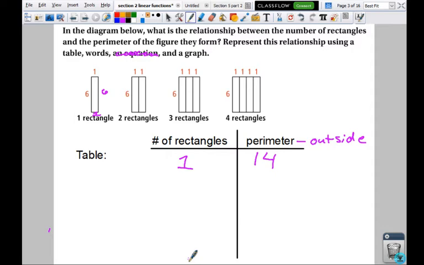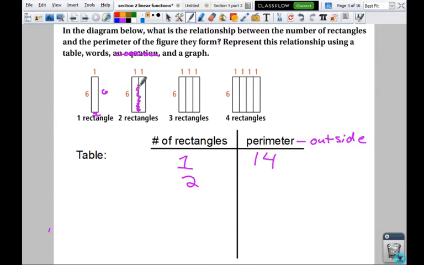Alright, so let's keep going through. When I have 2 rectangles now, in this shape right here, I need to figure out my distance around. I have to be careful a little bit because perimeter is the distance on the outside. Do I care about this line here in the middle, if I'm looking at the outside? No, it doesn't matter.